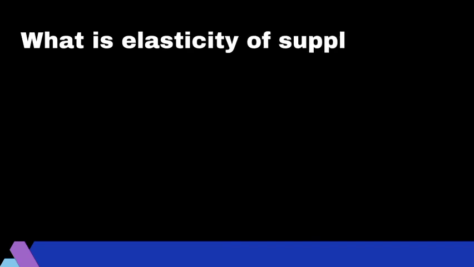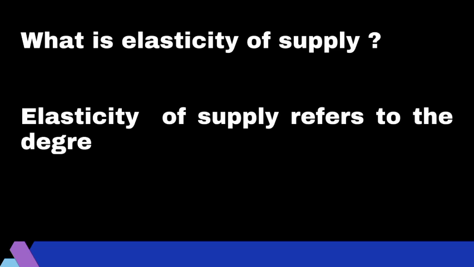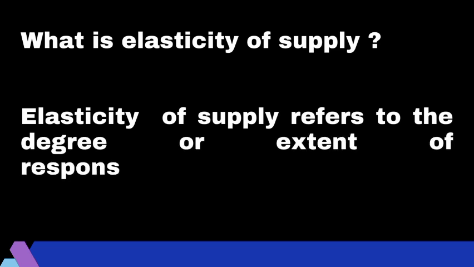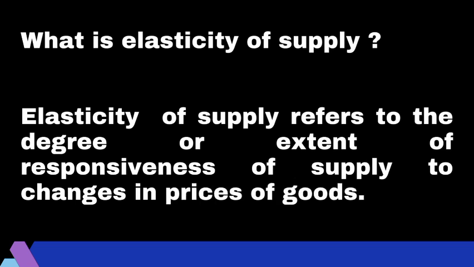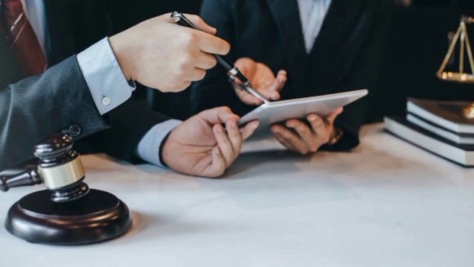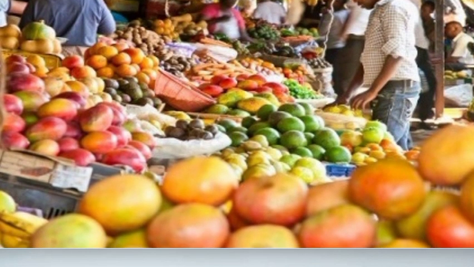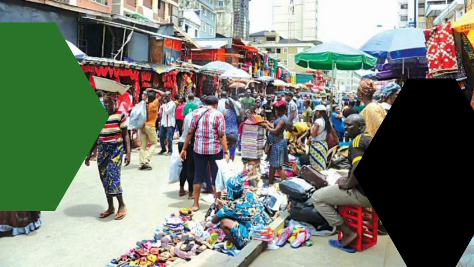What is elasticity of supply? Elasticity of supply refers to the degree or extent of responsiveness of supply to changes in prices of goods. Our supply reacts to changes in the price of that commodity itself. Do we understand?